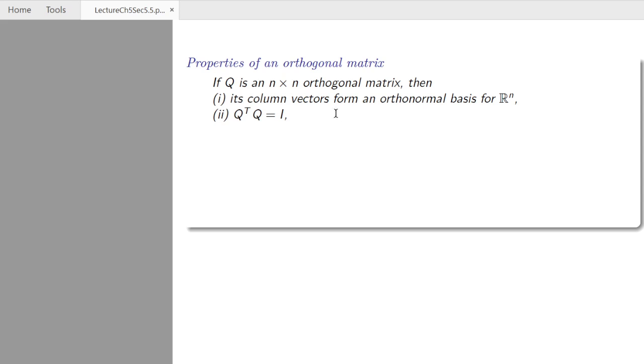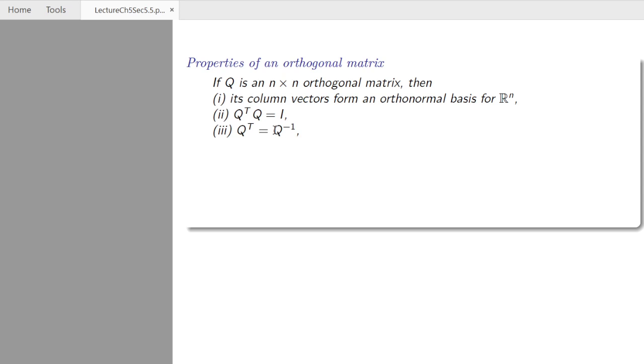For the second property, based on the theorem just proved, theorem 5.5.5, we know the transpose of Q times Q equals the n by n identity matrix. The third property is the transpose of Q equals the inverse of Q.